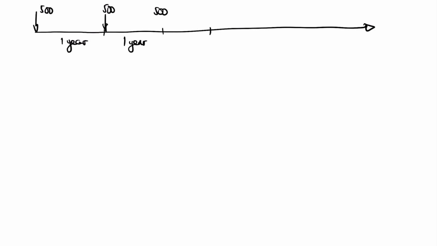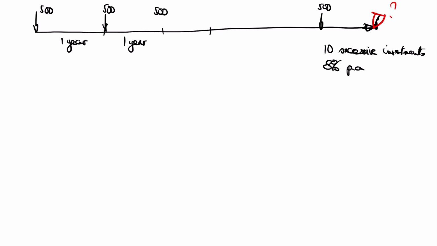Let's say it's going to make 10 successive investments. And what's the interest rate? The interest rate, say 8% per year. Okay, so how much do we get there? The last one.